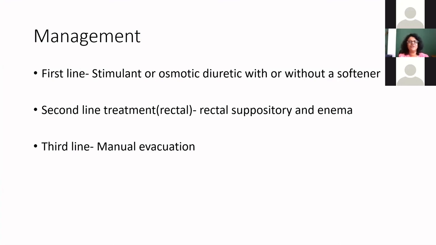So the management is: first line, we give either a stimulant or osmotic laxative with or without a softener. The second line: if it is not going to work, we have to think of giving a rectal suppository and enema. The third line is sometimes we have to give manual evacuation.